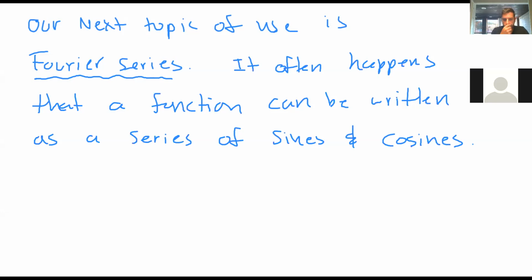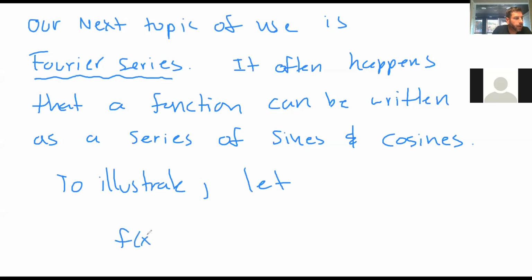So here we go. What we want to do is suppose I have some function f of x, and suppose I can write it like this. We're going to do some hand waving math right now.